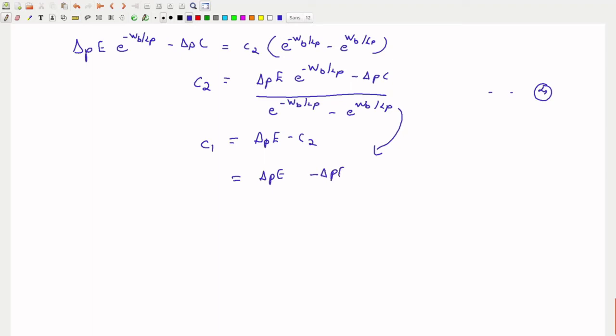delta PE e raised to minus WB by LP minus delta PC by e raised to minus WB by LP minus e raised to WB by LP.